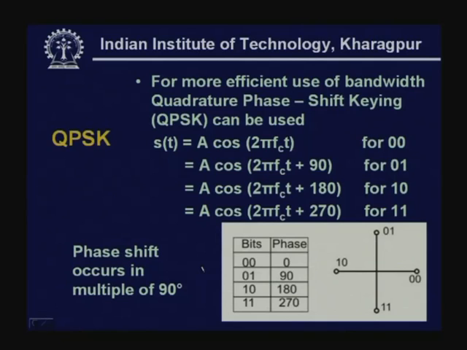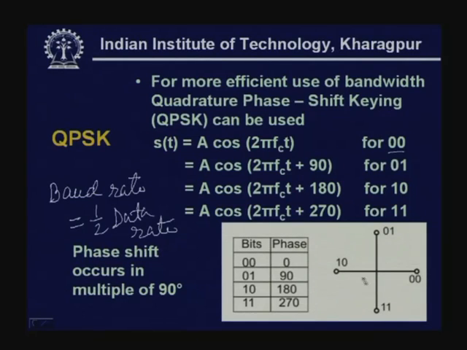We find that each signaling element, say corresponding to phase 0, can have 2 bits, and so here the baud rate is half the data rate, or in other words the data rate is twice the baud rate.